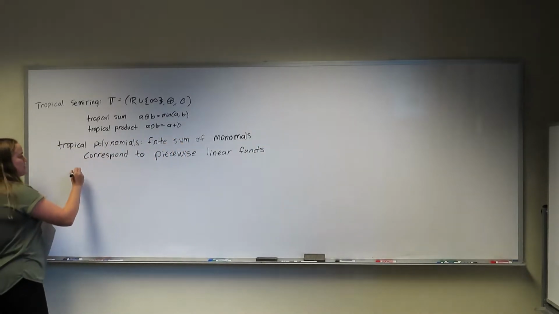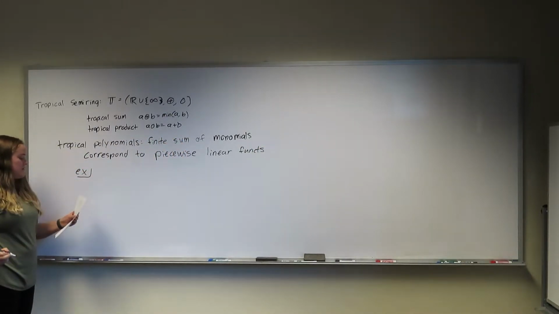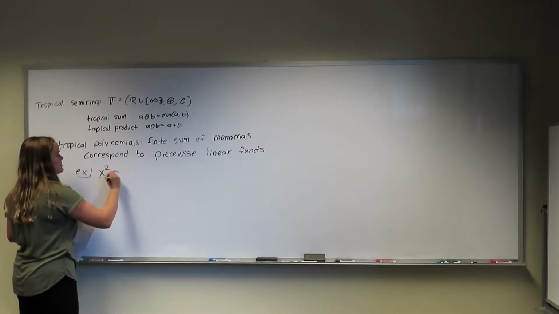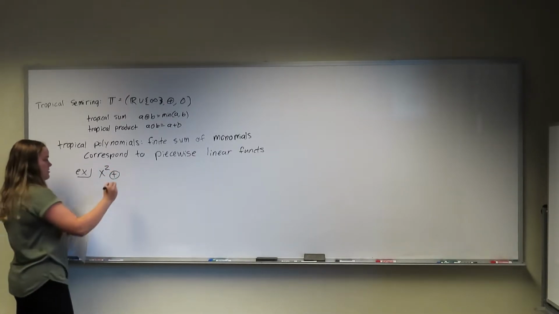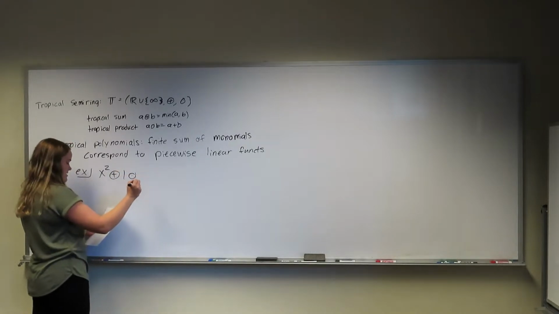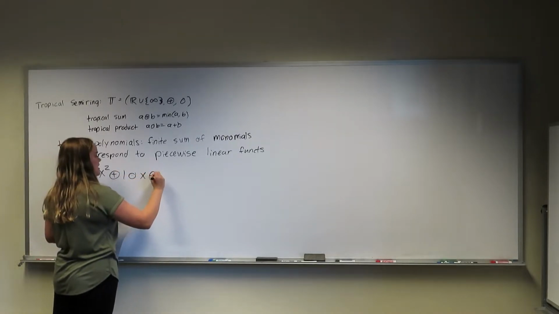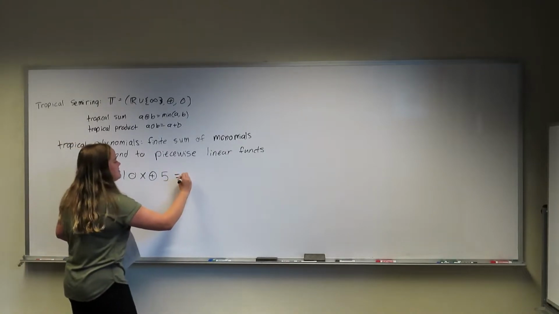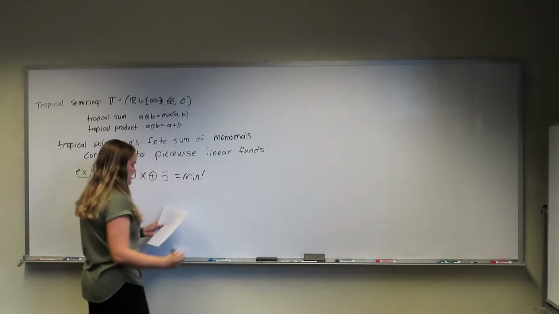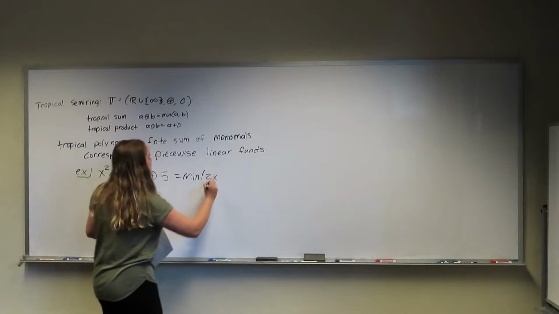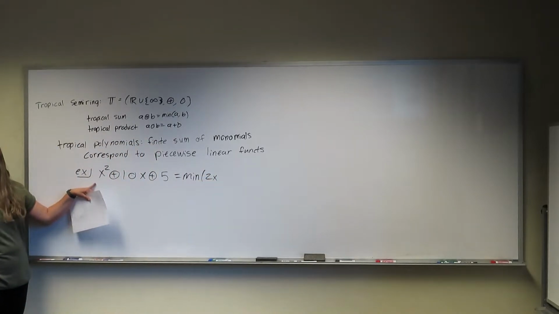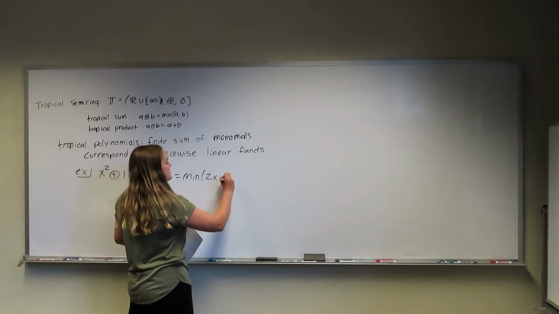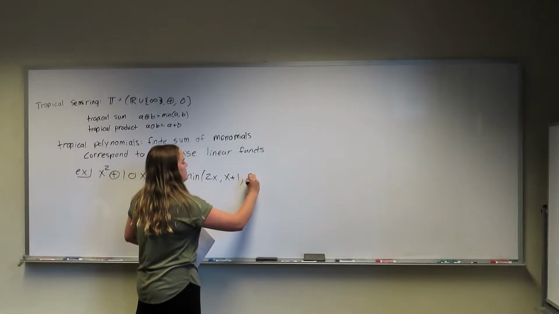So, for example, we can look at x squared plus 1 times x plus 5. This is equal to the minimum of 2x, because x squared is x times x, x plus x is 2x, x plus 1, and 5.